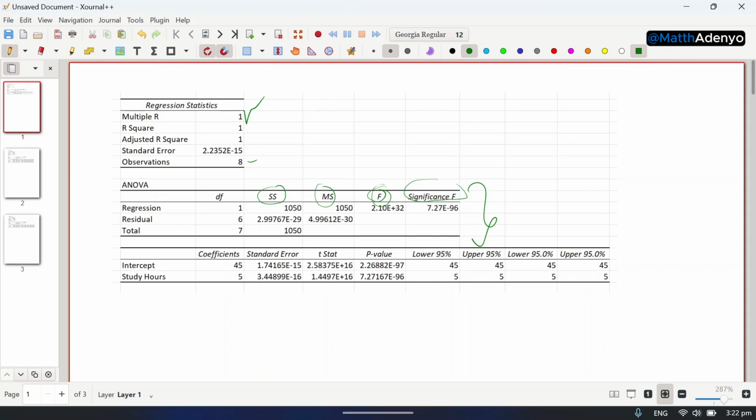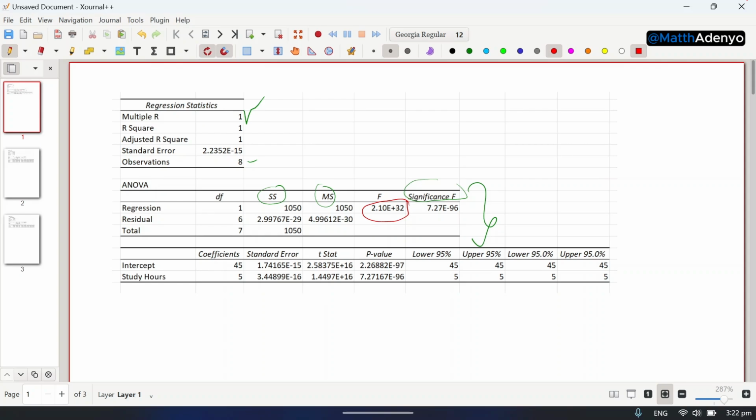And we can see that here, let me clean this so that you see it clearly. You can see that this one is actually giving us 2.10 e plus 32, which is a very big value, showing that our regression model actually explains a very large portion of the variance of the dependent variable.